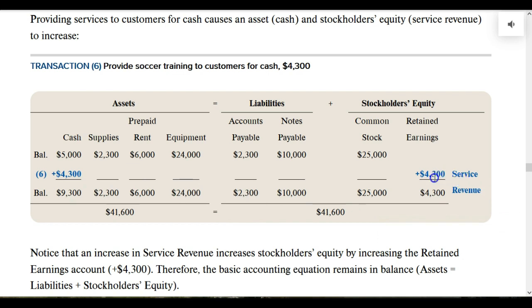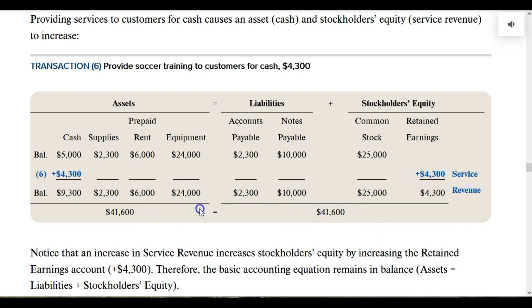We're going to place this under retained earnings. We saw that chart a minute ago. Whenever you have revenue, it increases retained earnings. Okay. So providing training to customers, we're paid cash $4,300. You increase cash $4,300. You increase retained earnings because of revenue $4,300.